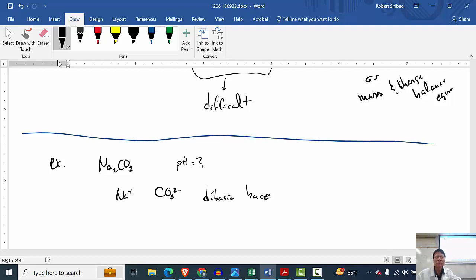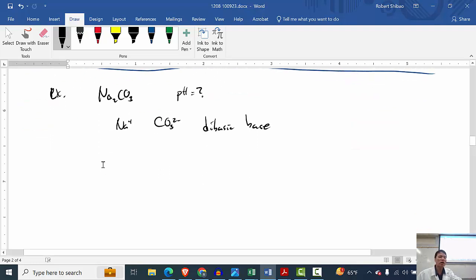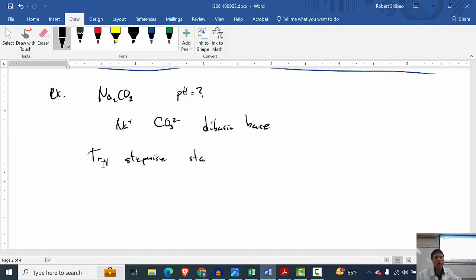Have I talked about dibasic bases already? Yeah. And so we have multiple contributors to hydroxide. If we have multiple contributors to hydroxide, what we want to do is we want to try this stepwise. We always try it stepwise because simultaneous is too hard. Starting with the largest K and then going down.